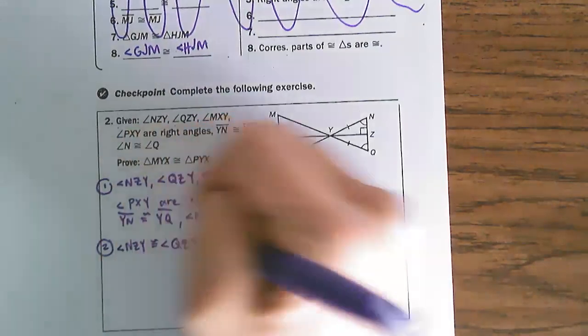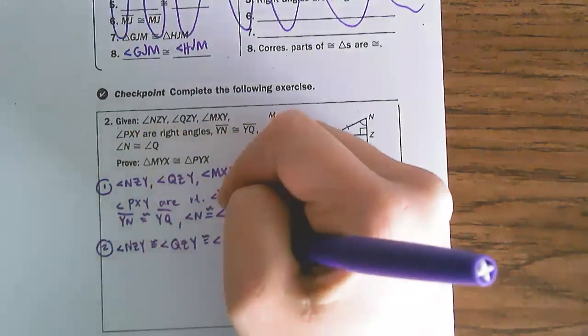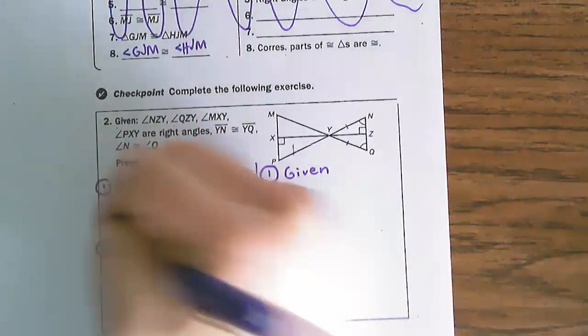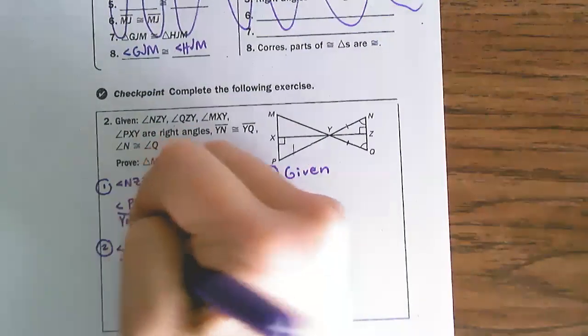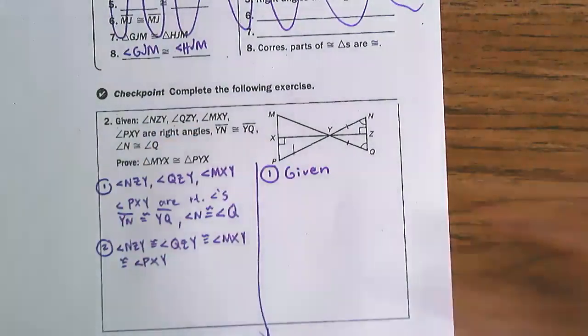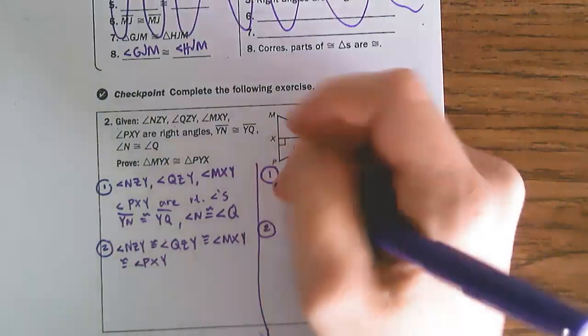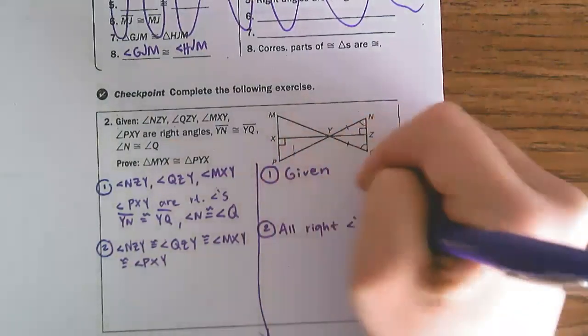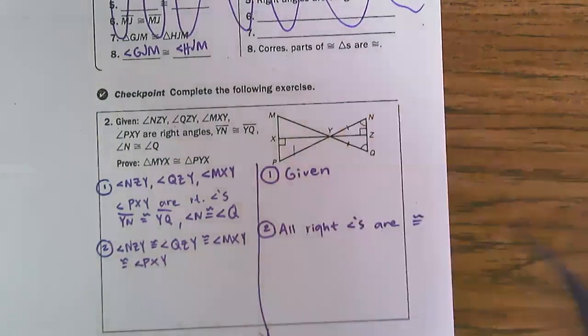I'm waiting. Do you want me to keep going? Well, I already wrote them all now. So step 2 was all right angles are congruent.